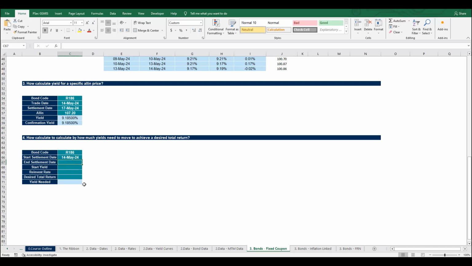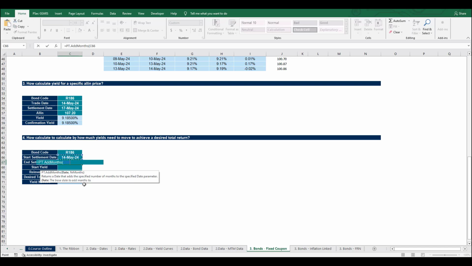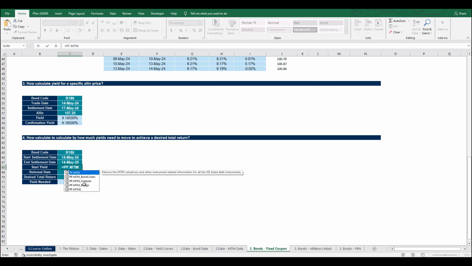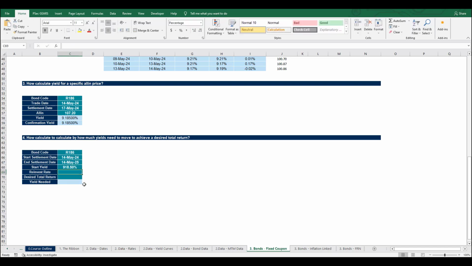So let's say we want to find over a year, add months, let's just add months, 12, this might not be a business day, but that's fine, equals to pf.market to market, and we are getting the bond code, we are getting the yield to maturity, and we're getting the date as the start settlement date is yesterday.